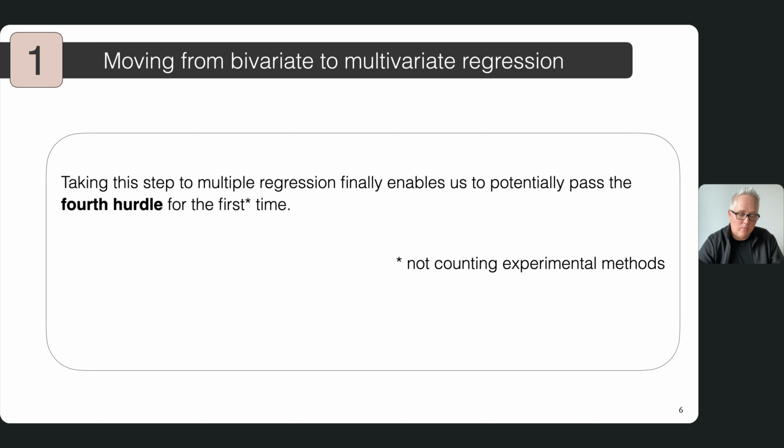And so, as I've mentioned in previous weeks, experimental methods are the gold standard in which you can rule out other factors affecting your outcome except for your treatment variable. But in observational studies, ones that we focus on in most of political science, through this multivariate framework, we're really able to pass, or potentially pass, that fourth causal hurdle for the first time.